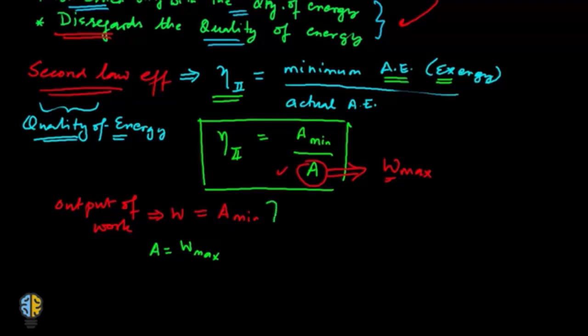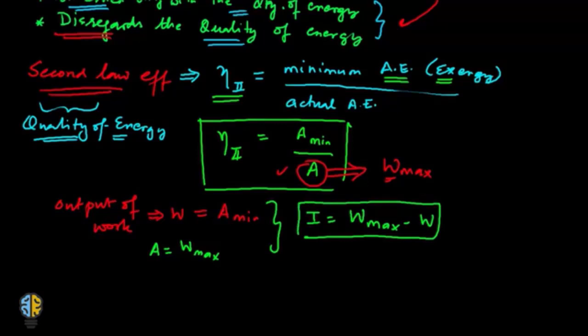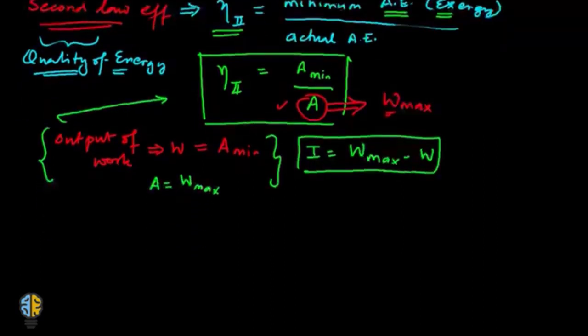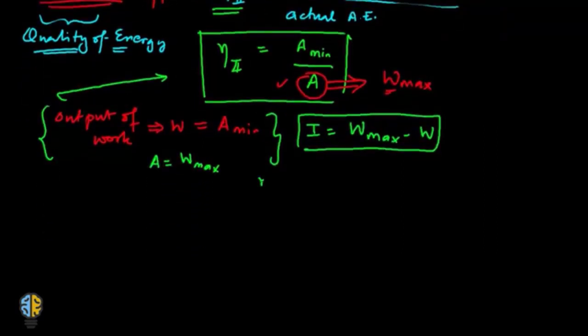We also know that the irreversibility is equal to the difference between the maximum work and the actual work that is done by the system. If you substitute these values in the mathematical equation for the second law efficiency, you can say that eta 2 is equal to W upon W max. This is how you can denote eta 2.